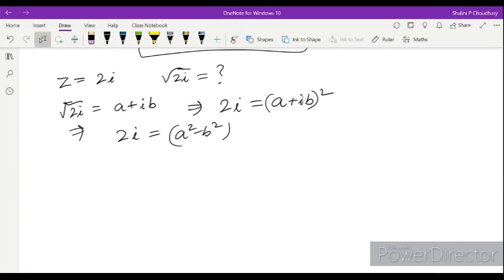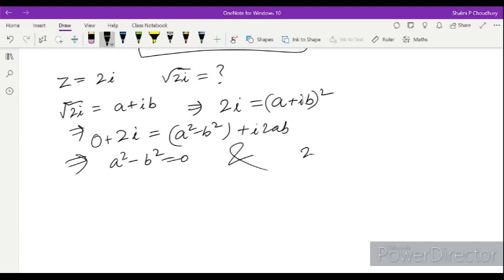So 2i will be equal to a square minus b square plus i times 2ab. This side has no real value, it's 0. It means a square minus b square will be equal to 0, and 2i will be equal to i times 2ab. So directly we will write 2 is equal to 2ab. It means ab is equal to 1.